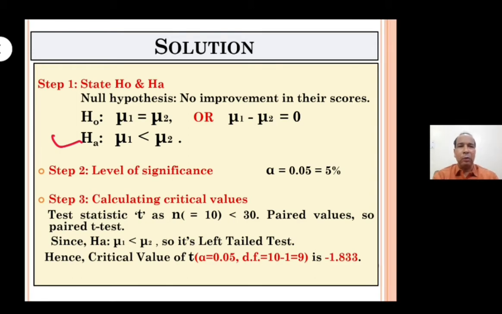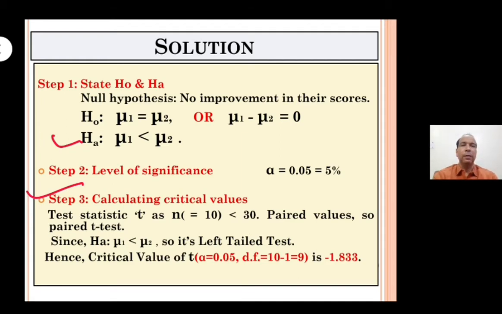Now we can calculate critical value. Since n is 10, that is less than 30, this is t-test. There are paired values, so it is paired t-test.